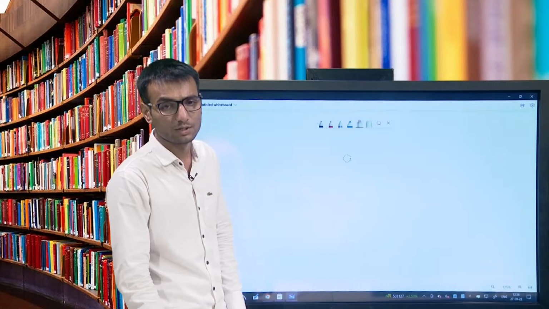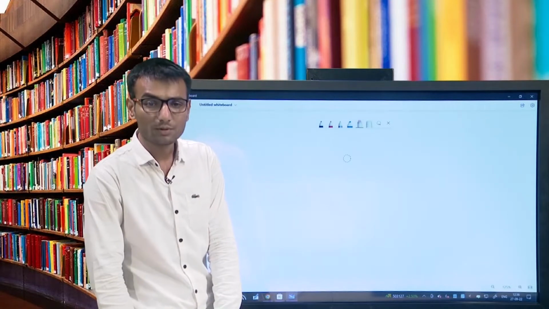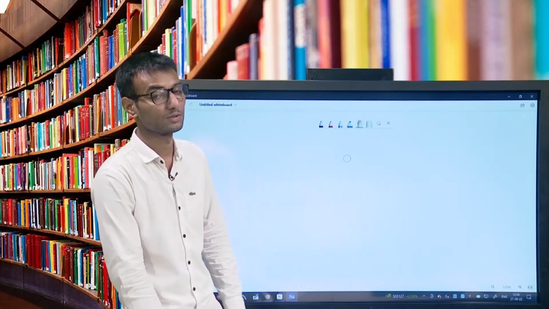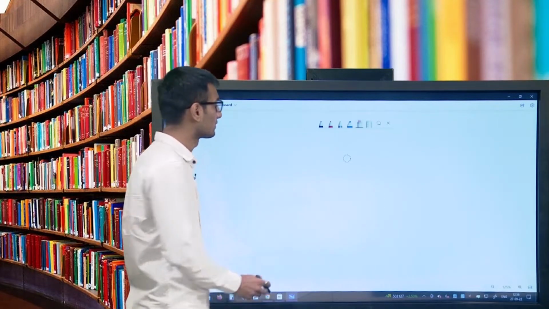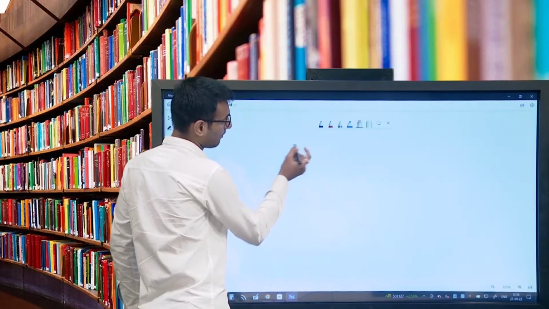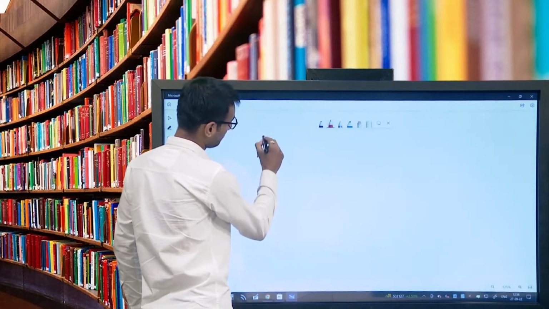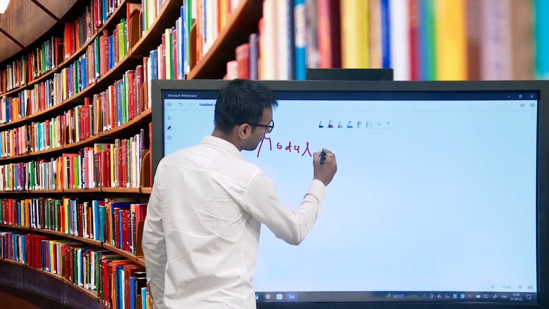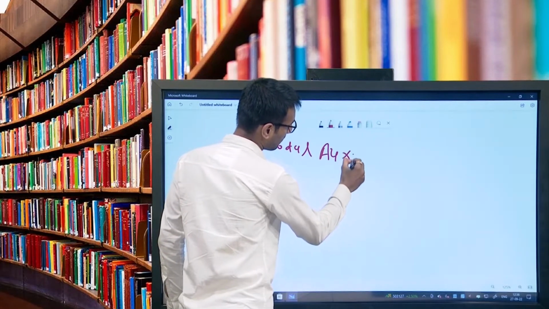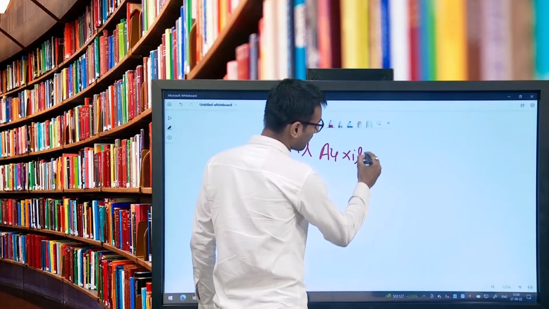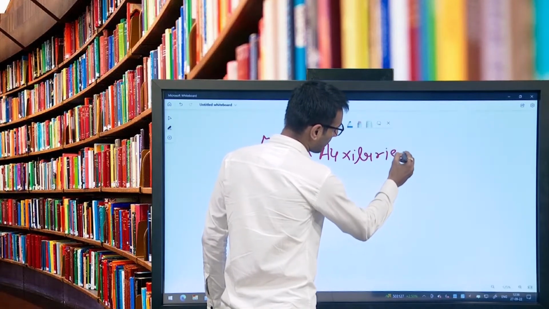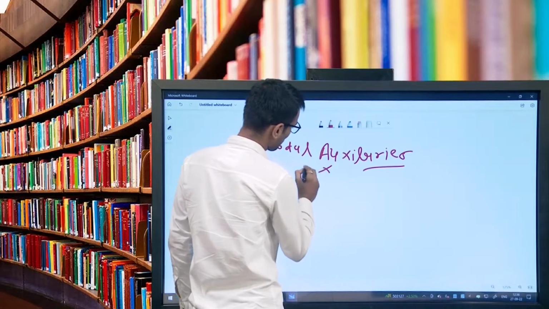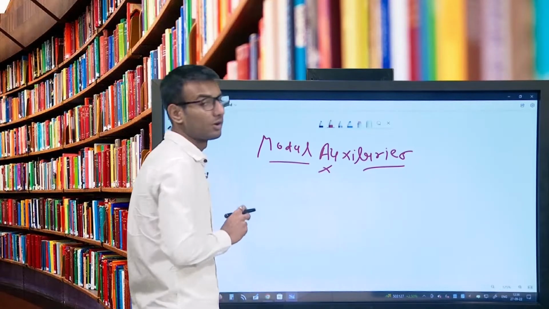In today's session, we are going to discuss unit number 14 of block number 3 of the first year BA English course. That is the very first paper of compulsory English. In today's topic, we are going to discuss one of the very important topics, modal auxiliaries.